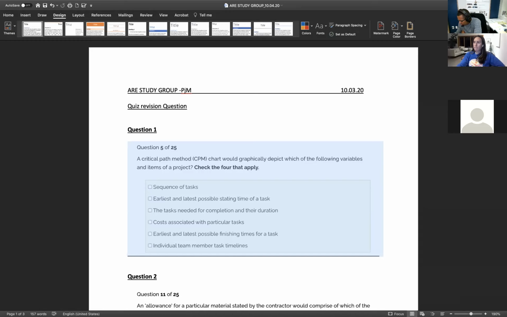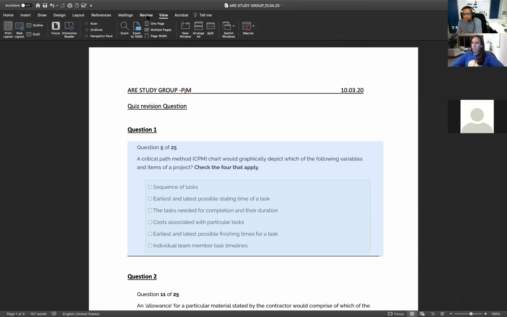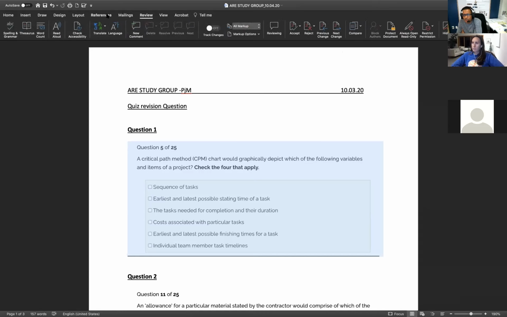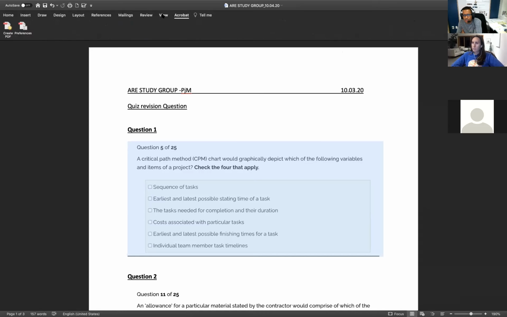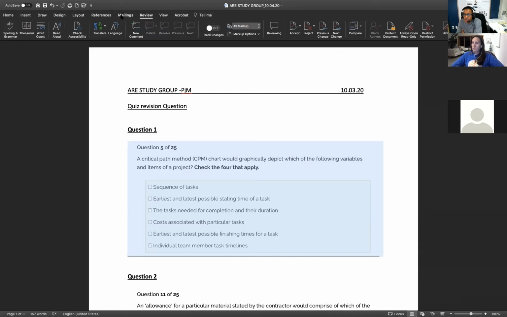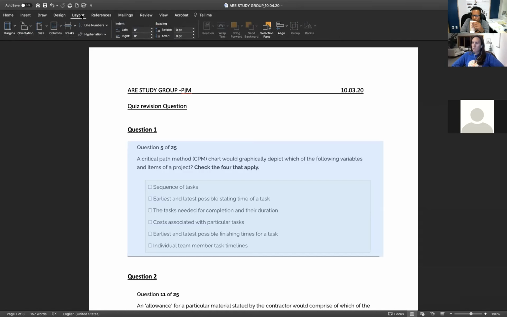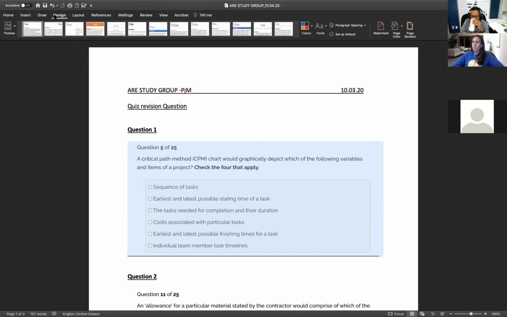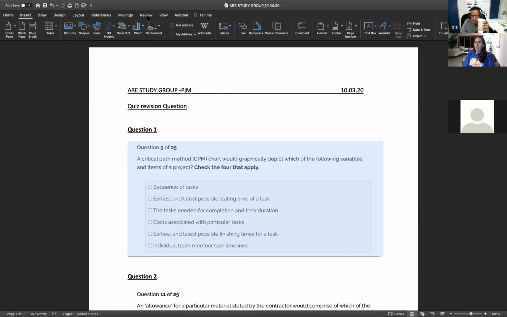Sorry. Darwin, what software is this, by the way? It's just Microsoft Word. It looks different than the Word I use. It's 365, but Mac sets up the interface a little differently. Oh, shapes. There we go.